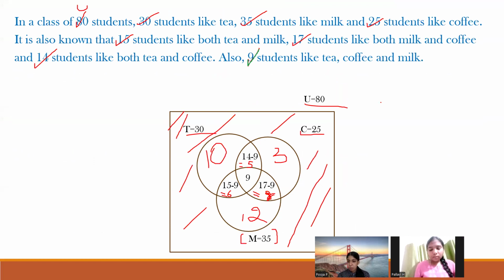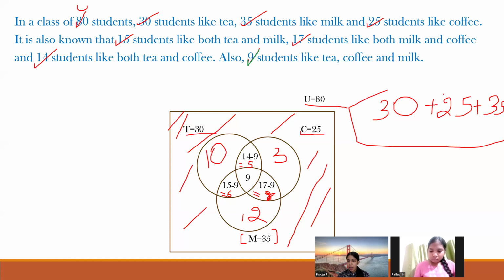So we know the number of people who like tea is 30, coffee is 25, and milk is 35. So people who like tea or coffee or milk is this. What is the value of this? 90.